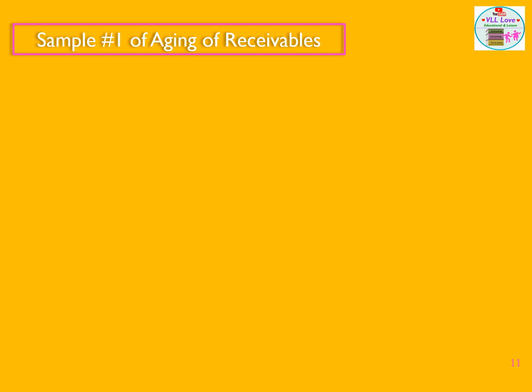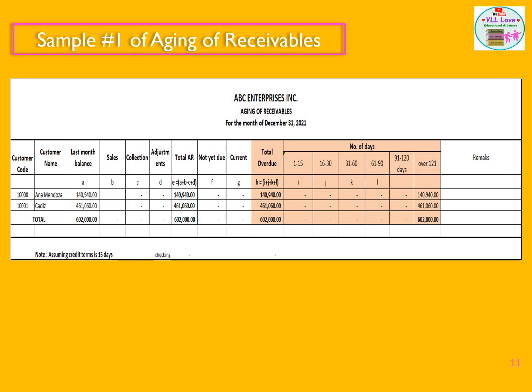To have a better understanding, I am showing you aging of receivables sample number 1 that can be used in your monitoring. I intentionally separated these two accounts to correlate with the succeeding slides in the computation of bad debts, where the over 121 days overdue amount was used.